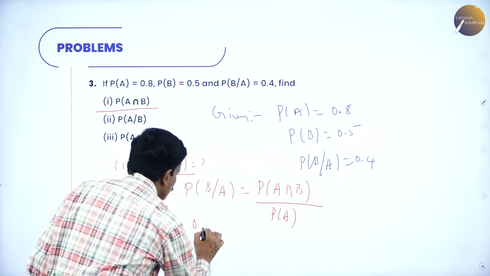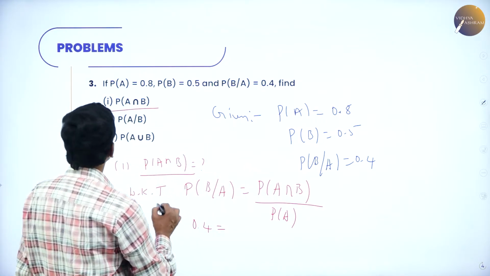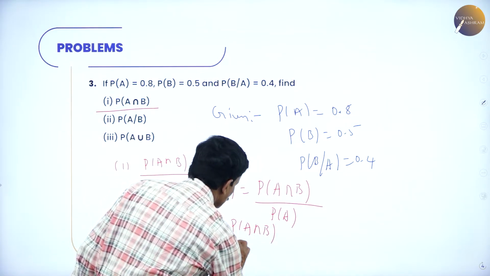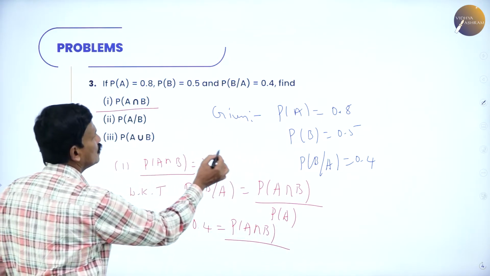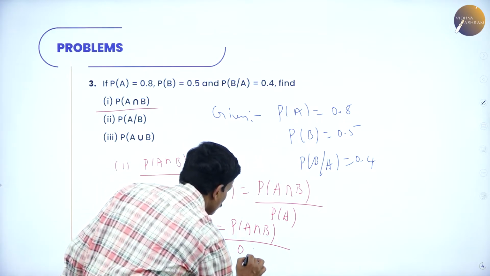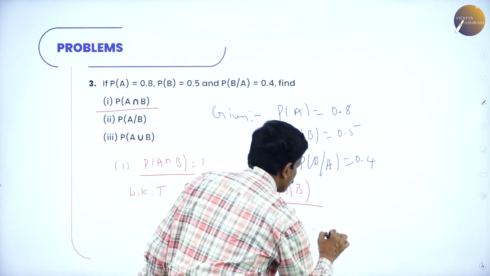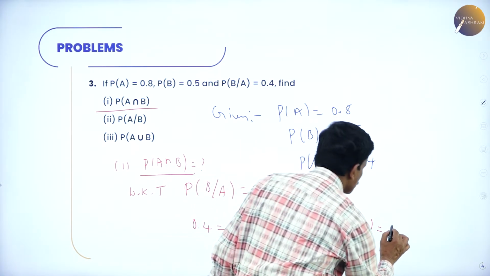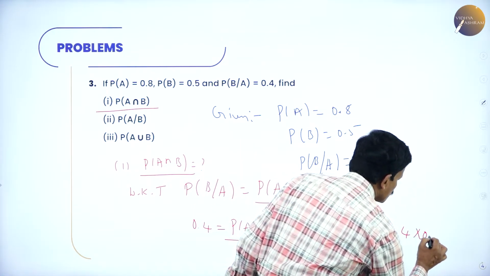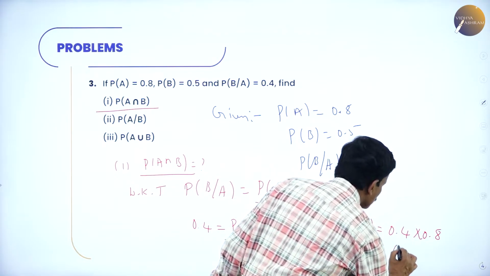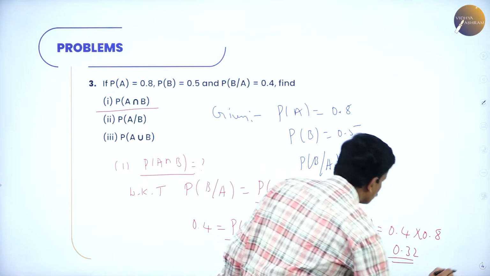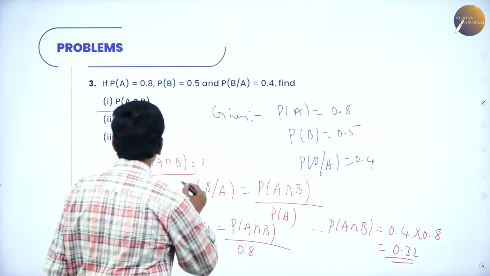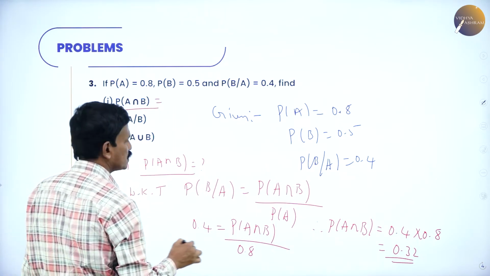This is 0.4, equal to the probability of A intersection B, which we don't know, divided by the probability of A. What is the probability of A? 0.8. So therefore the probability of A intersection B is equal to 0.4 into 0.8. This is nothing but 0.32. This is the first answer.